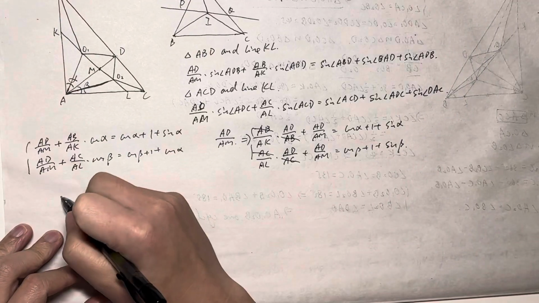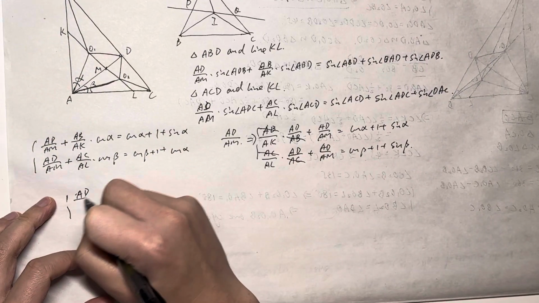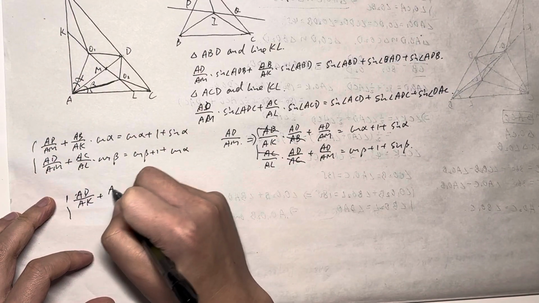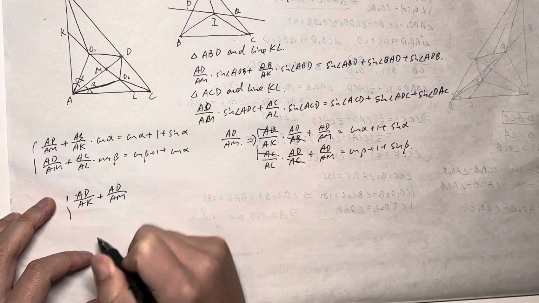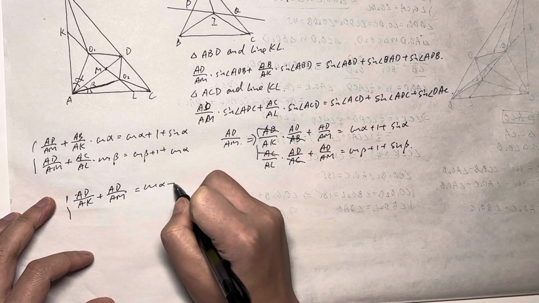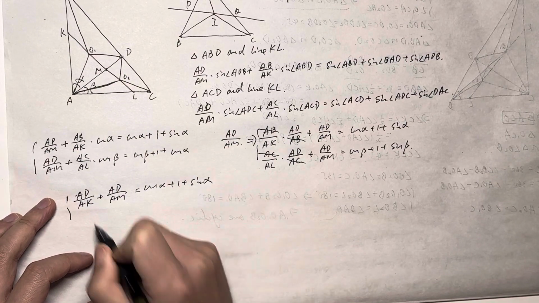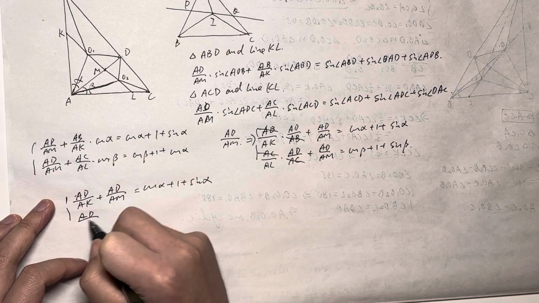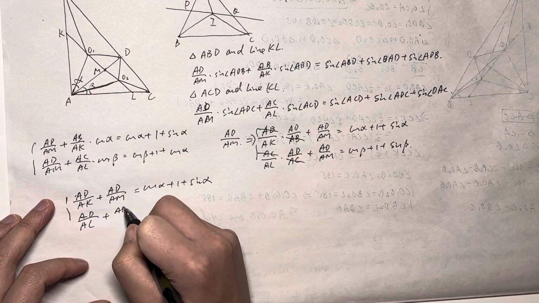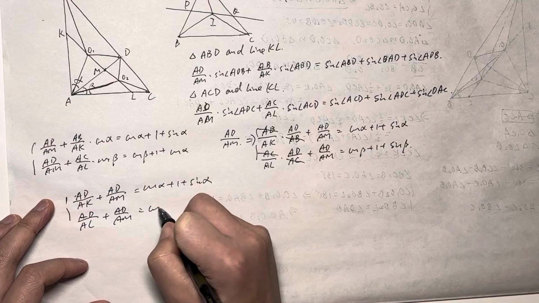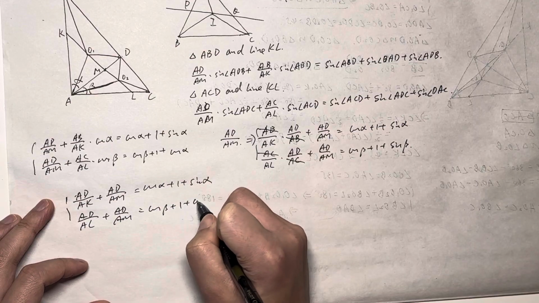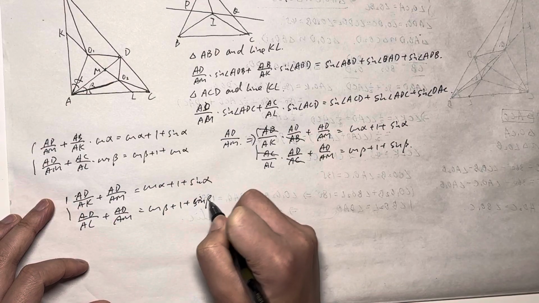So we got AD to AK plus AD to AM equals cosine alpha plus 1 plus sine alpha. And also AD to AL plus AD to AM equals cosine beta plus 1 plus sine beta, right?